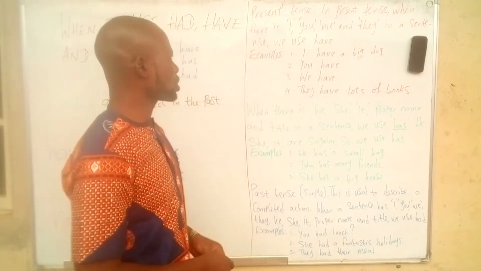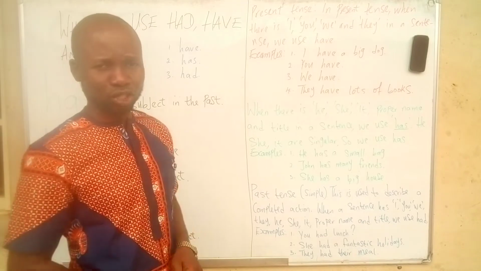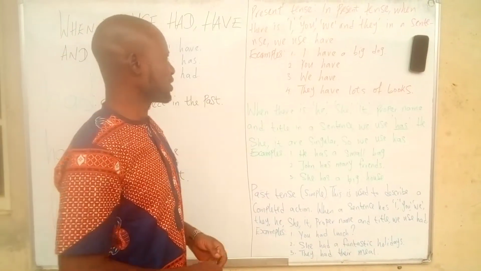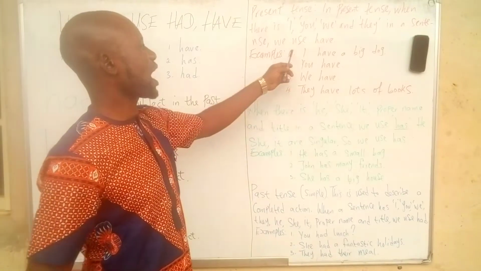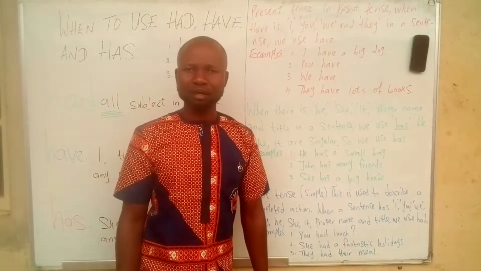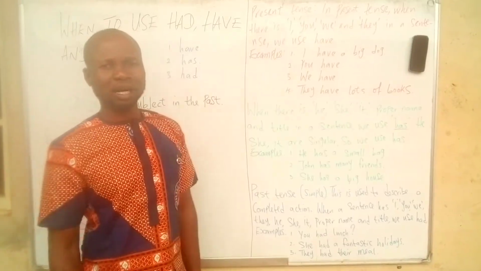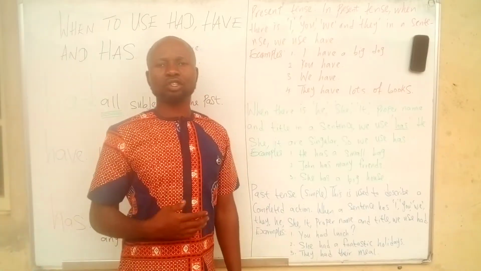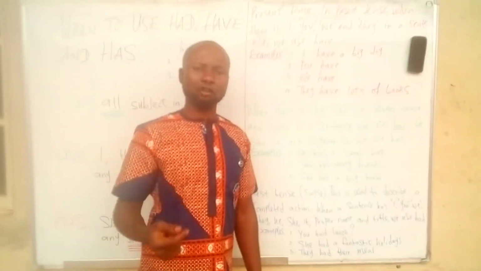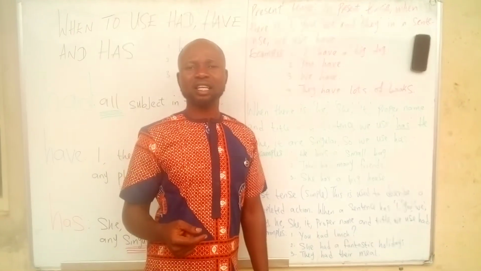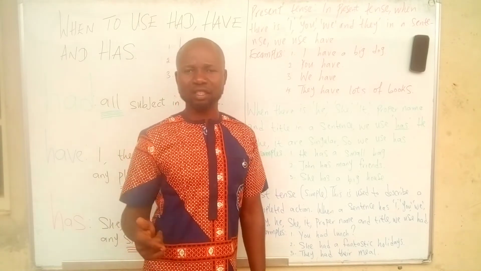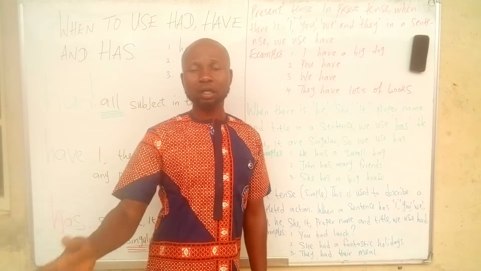It normally goes sometimes with s. Now let's look at have, but on this occasion we are looking at this auxiliary verb. Examples: I have a big dog. Remember, it's a present tense. But if this tense is in present progressive form, we can now say, I am having a big dog.